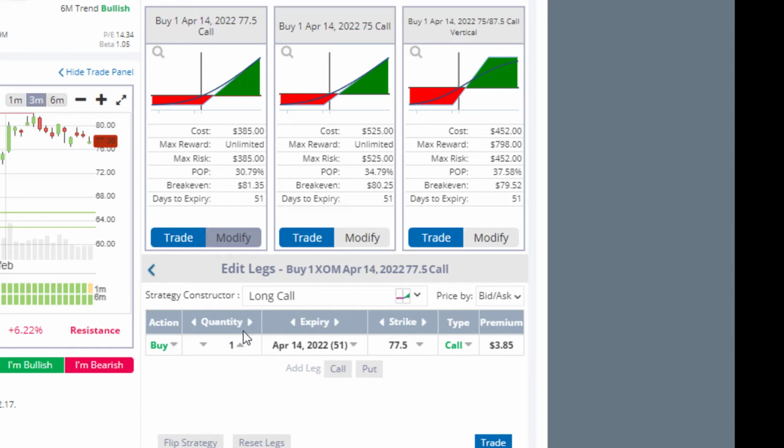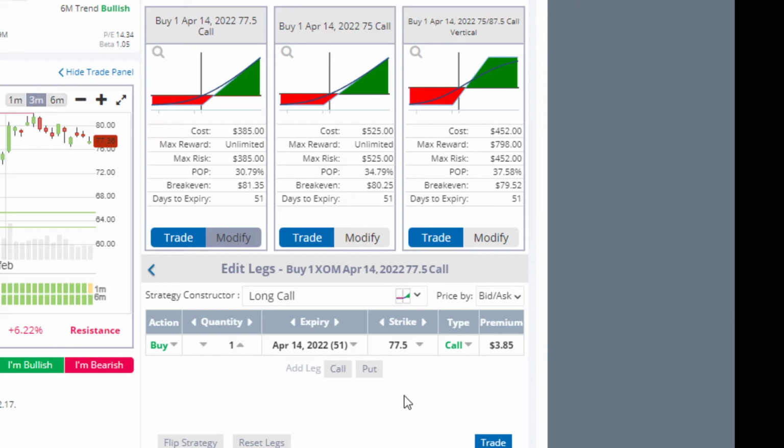Remember the word multiplier. Then the expiry date, how long is it going to take to achieve where we think the price could be heading to, and the strike price is that price that we've got to get above to make the money. And then we can decide whether we want a call or a put. We obviously want a call.